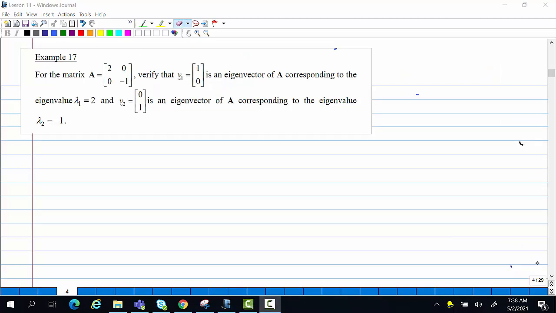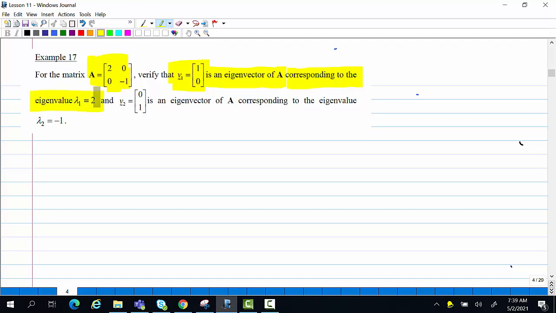Example 17. Given a matrix 2, 0, 0, minus 1, verify that 1, 0 is an eigenvector of A corresponding to eigenvalue 2. So what does that mean? Let's analyze the question. I have a matrix A now. Verify that V1, which is 1, 0, is an eigenvector of A corresponding to eigenvalue lambda equal to 2.